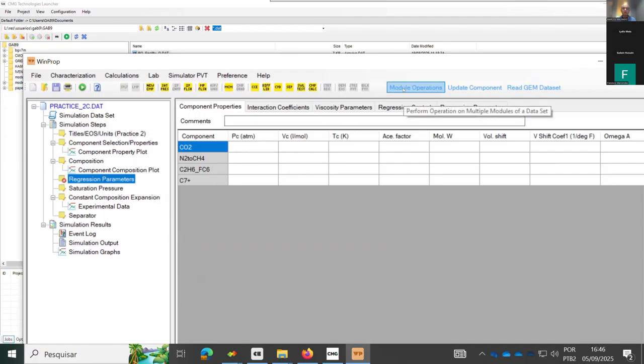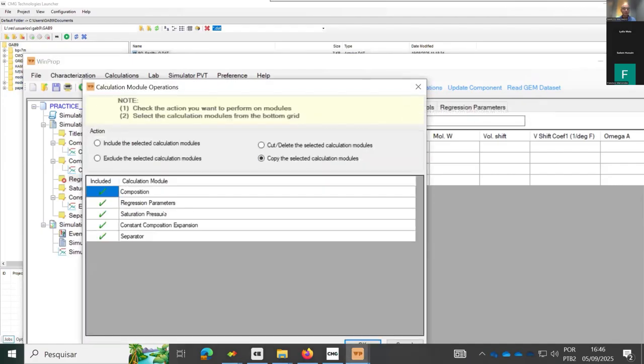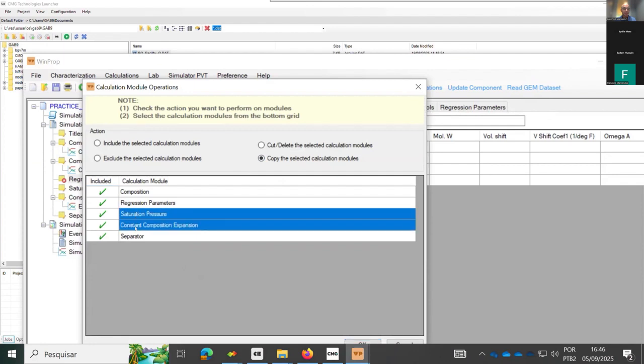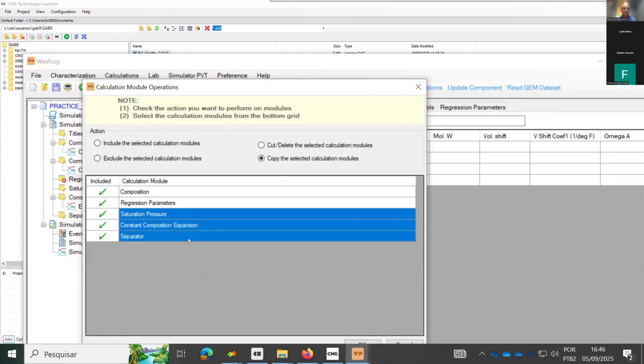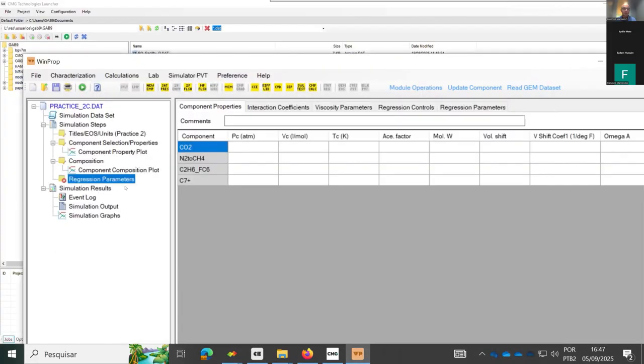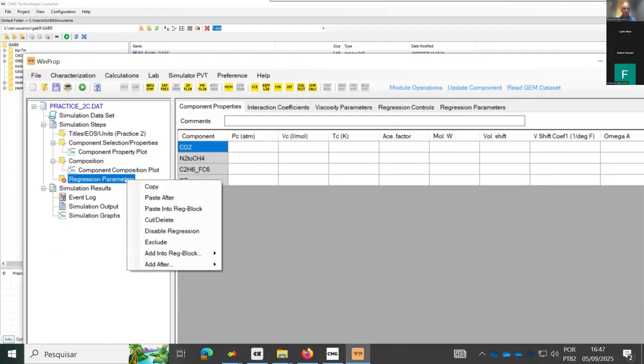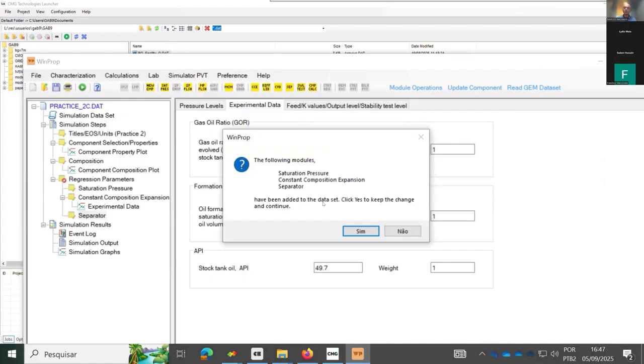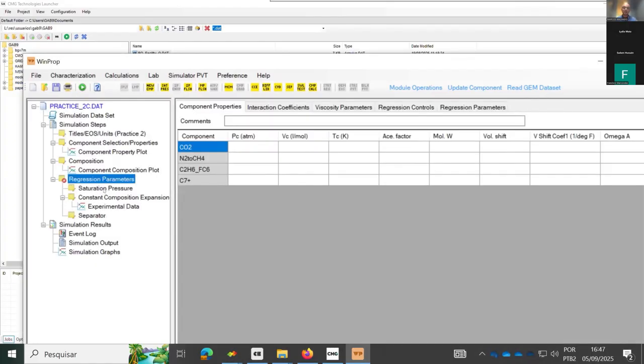One smart way to do this: go to the model operation, pick the experiment that we are planning to copy and paste. Okay, I will use cut. Okay, yes. With the right button of your mouse, you can paste into the regression block. So now the experiments are submitted inside the regression parameter block.